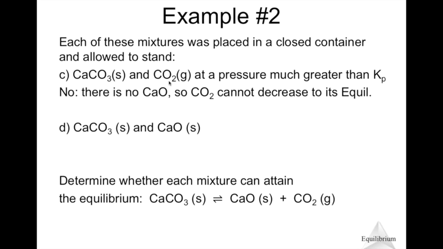So in this case, no, we're not going to get to equilibrium because we don't have that calcium oxide, the solid, for this to react with to go back this way. And then what if we're going to do calcium carbonate plus calcium oxide? All right, calcium carbonate plus calcium oxide. At first, it seems like this might not work because you're on separate sides, but basically this is the same thing as A. As this guy decomposes, it's going to create these two things, and then they'll react with each other.